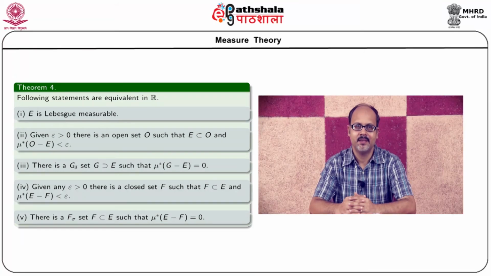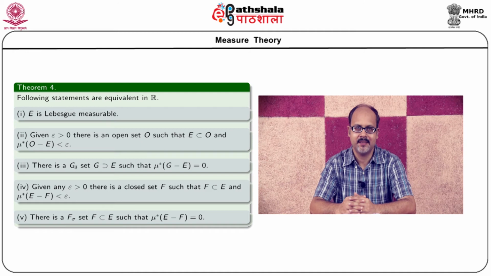Finally, we go to the implication 5 to 1. By 5, we have an F sigma set F subset of E such that mu star of E minus F equal to 0. Now, see that since mu star of E minus F is equal to 0, and we know that a set of Lebesgue outer measure 0 is measurable, E minus F is measurable.